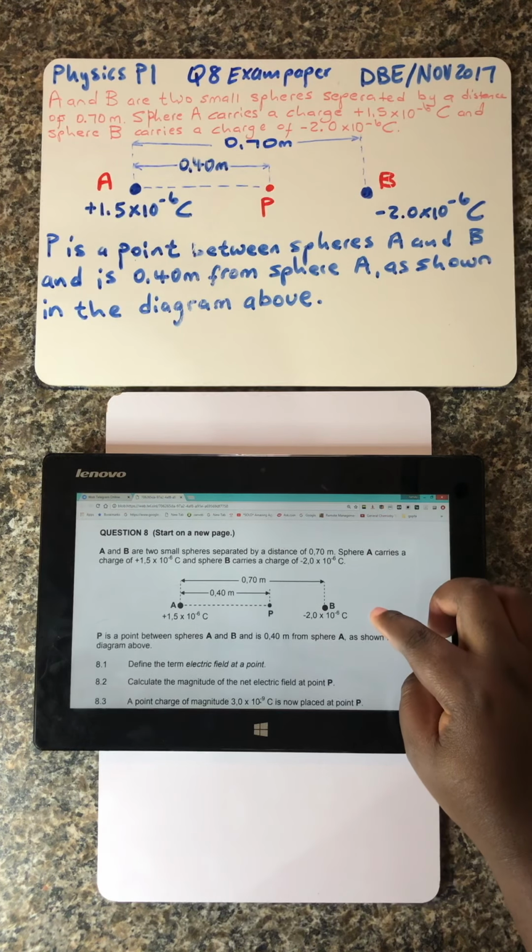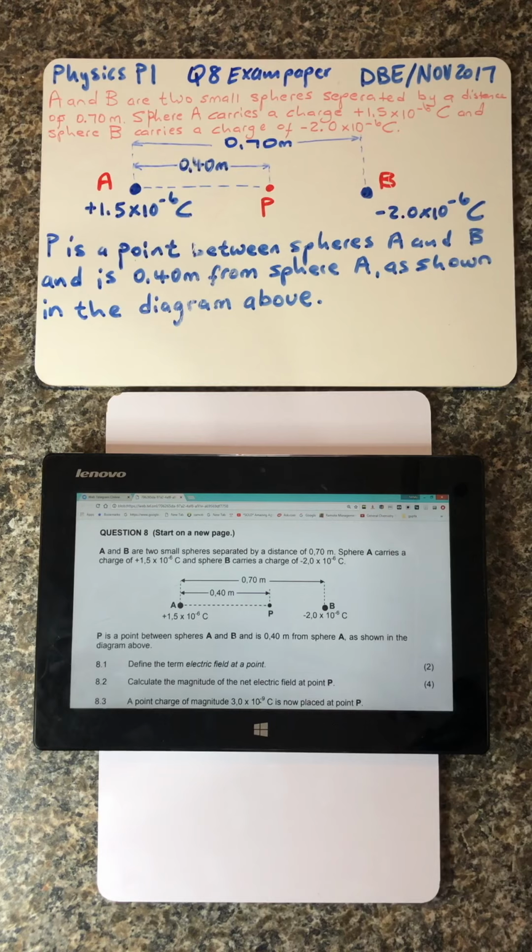So guys, question 8, you're advised to start this question on a new page. It's very important that you start each question on a new page. So we are given a statement there, and it reads as follows: A and B are two small spheres separated by a distance of 0.7 meters.